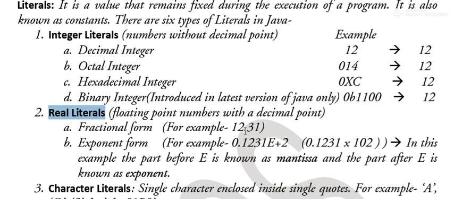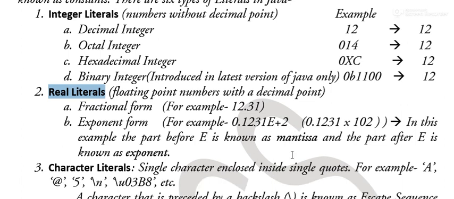In fractional form, you can write like 12.31, and in exponent form, you can write as 0.123e+2. Here e+2 means times 10 to the power 2. The part before e is known as mantissa and the part after is known as exponent.